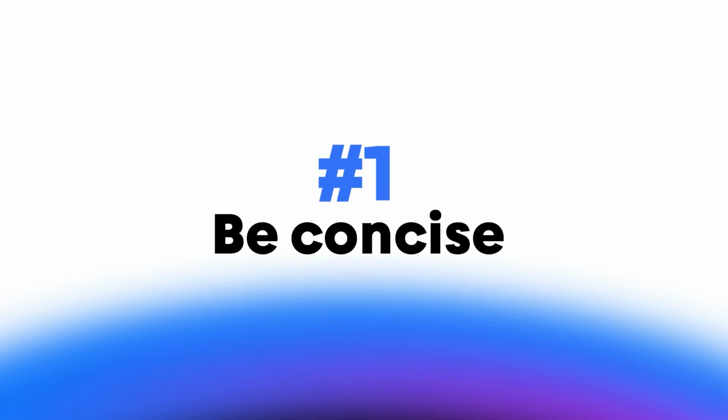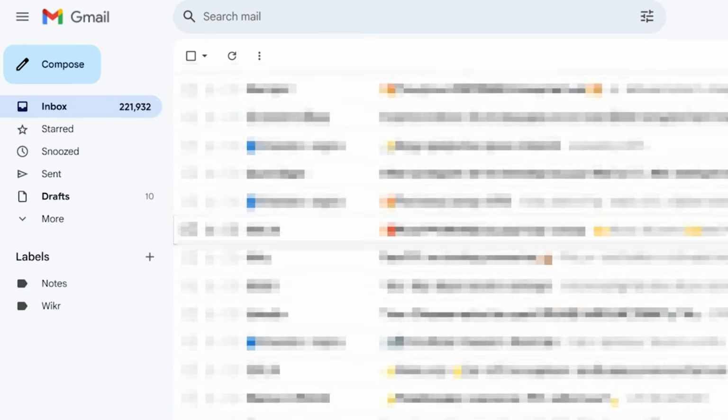The first key to a good cold email is to be concise. You need to remember that your prospect's inbox isn't only getting emails from you. It's filled with countless emails every single day. And with so many to sort through, they probably don't have the time or the patience to read everything in your email. So that is why being concise is so important, because it values the time of your prospect.